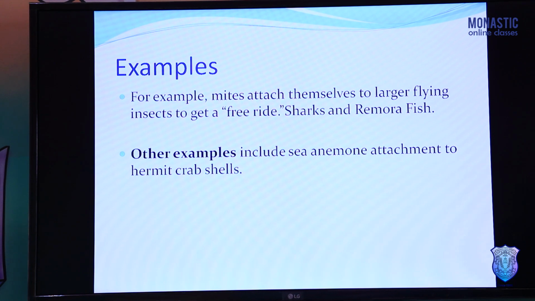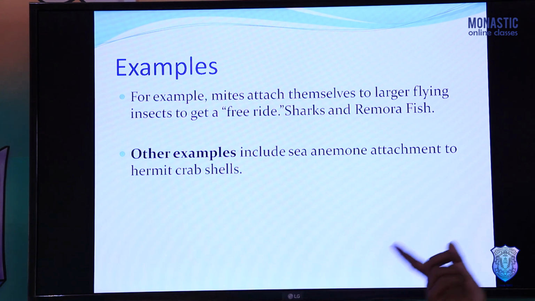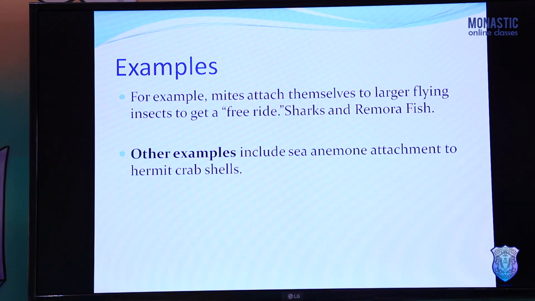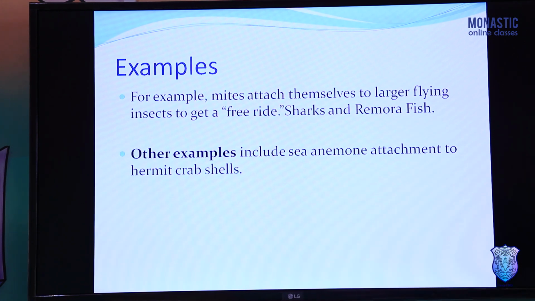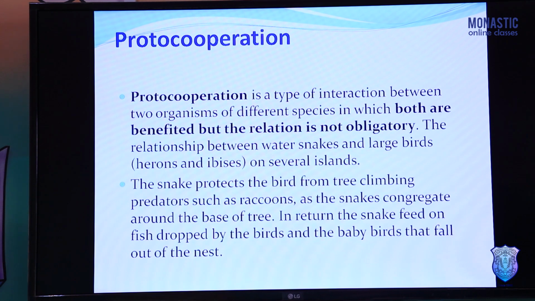Another type of simple crab is also found in our surroundings, similar to that crab but slightly different. Sea anemones remain attached to the hermit crab, and they help in their walking, because a sea anemone cannot move from one place to another. But when hermit crabs move, they help in their movement and get food.